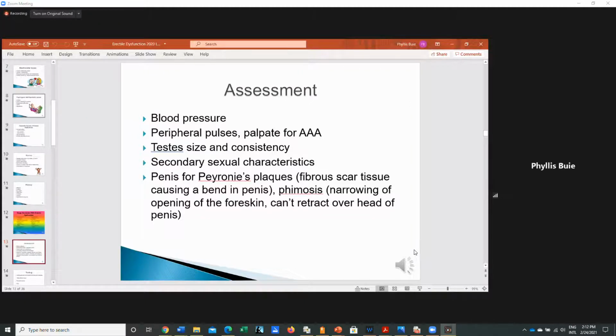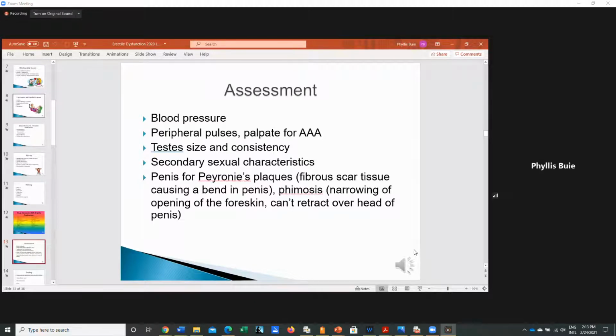Okay, what size are their testicles? Is one smaller than the other? Is one ascended, or maybe partially descended, not completely descended? Are they hard? Are they soft? Are they spongy?